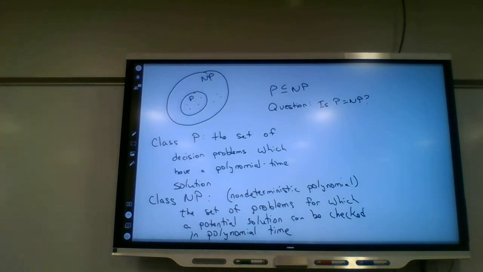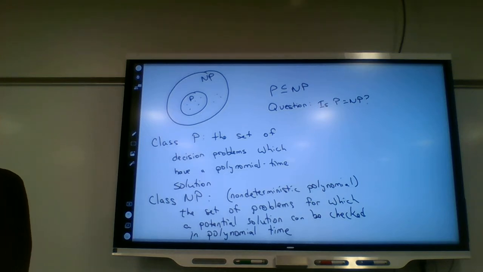Nobody knows the answer to that question. This question has been around for at least 50 years, and no one knows the answer. There are good indications that the answer is no. Some people think the answer might be yes.